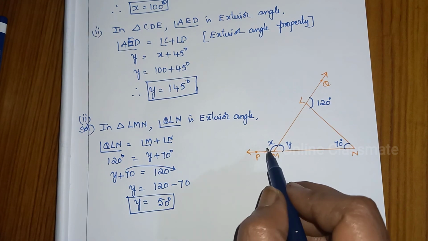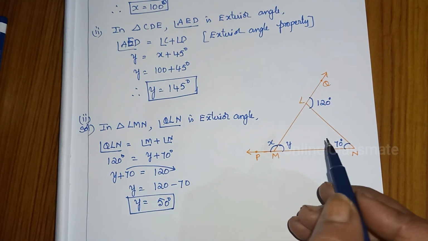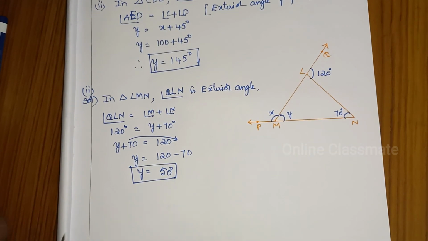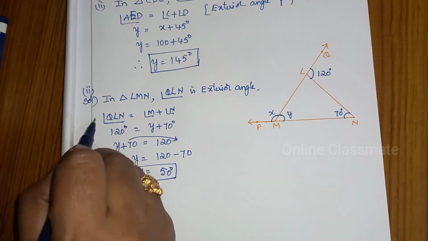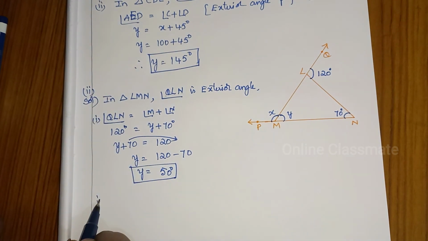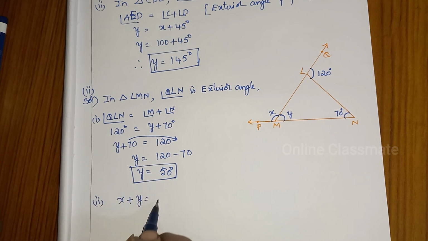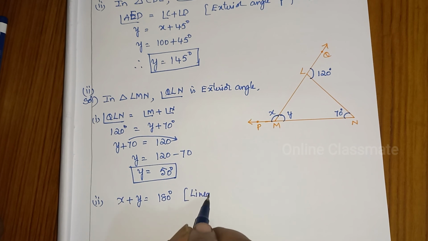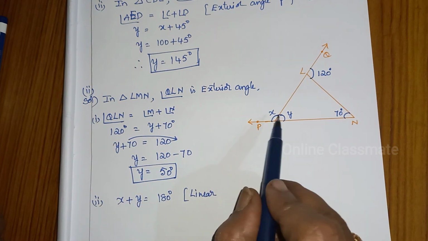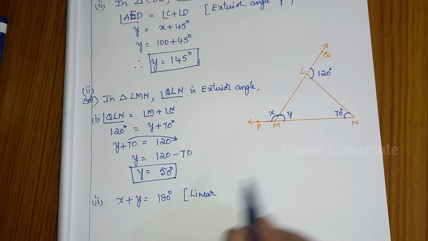Then what is the x value? x plus y is equal to 180 degrees, linear pair. Linear pair means sum of adjacent angles is supplementary.